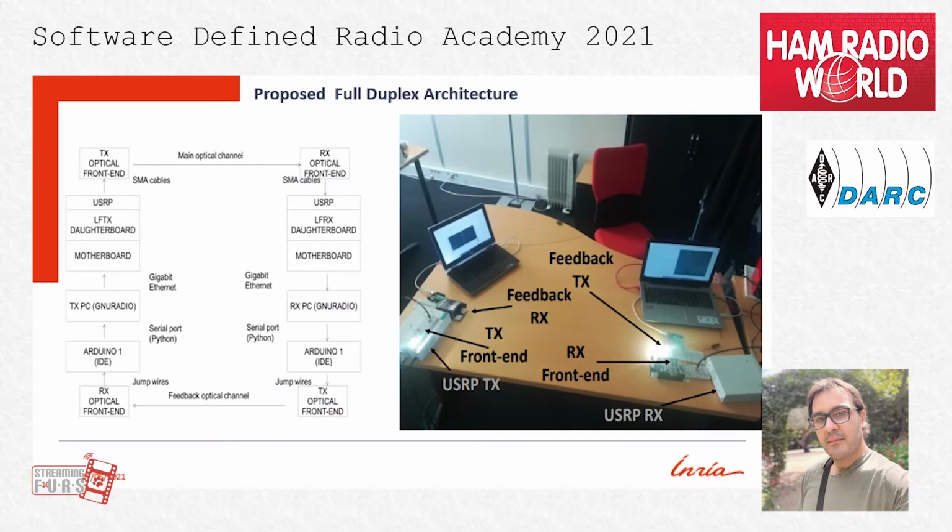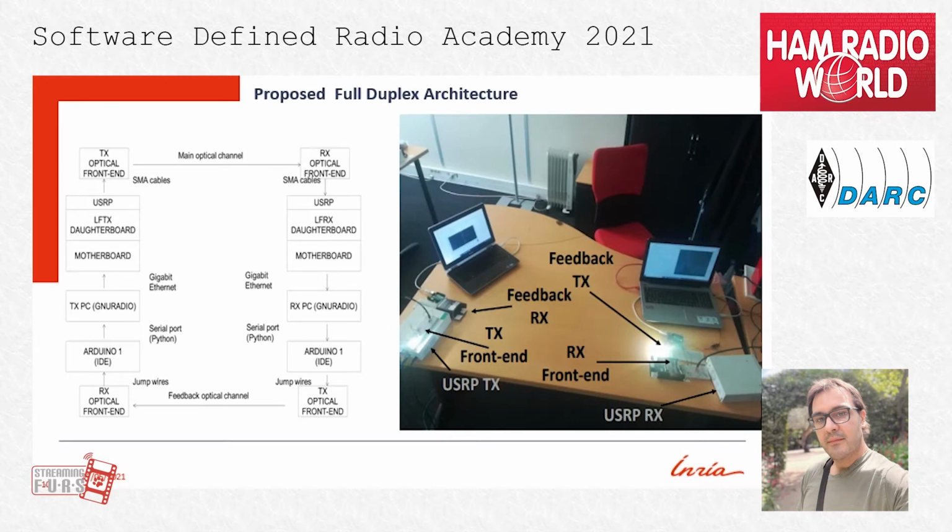This is our proposed full duplex architecture. So in this block diagram, in the left part, there are indicated the main devices which compose our full duplex system. While in the picture, there is our setup, which is located on the table of my office room at INRIA.